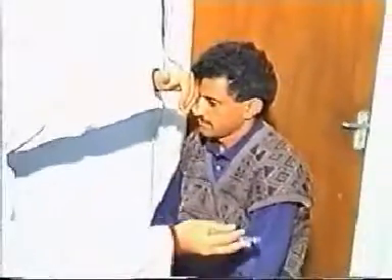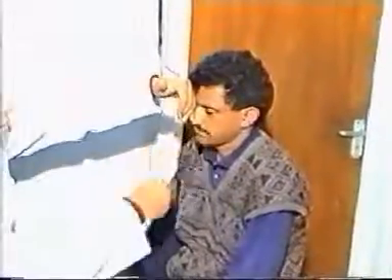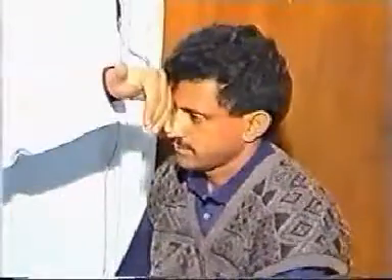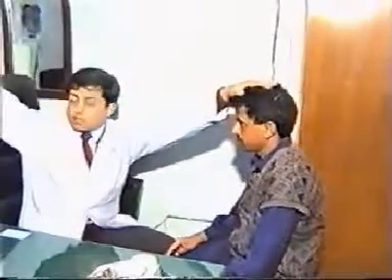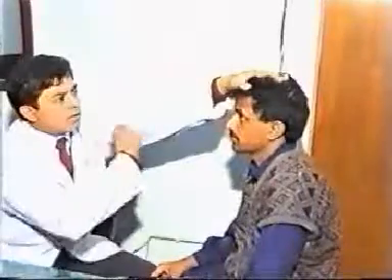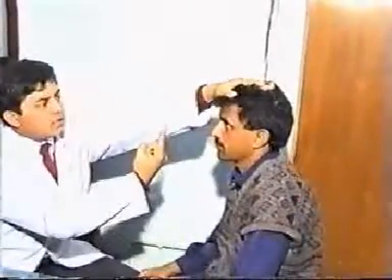For the consensual, you throw the light on this eye while you look into the pupil of the other eye to see whether it is constricting or not. Then you have to ask the patient to look at a distance and then towards the finger.